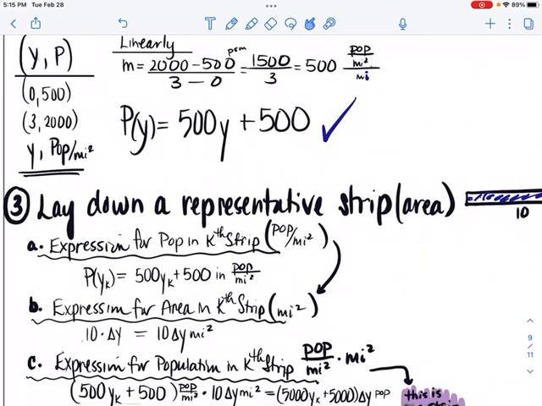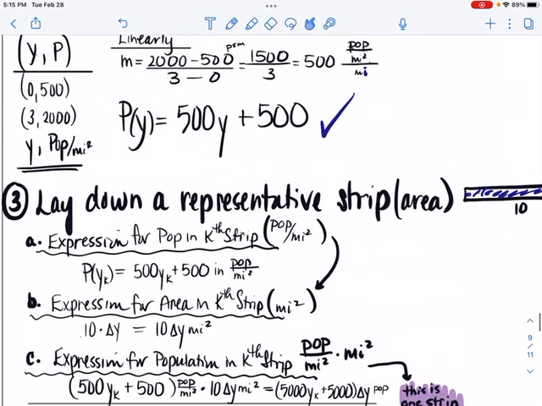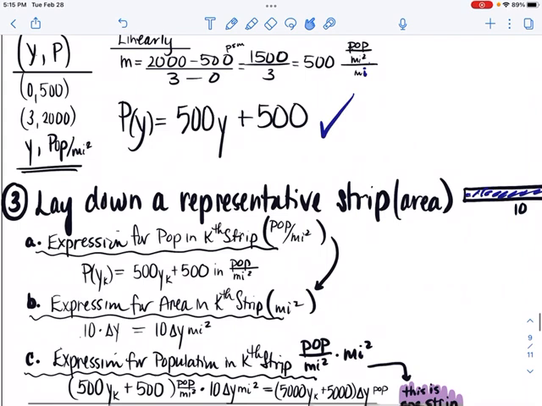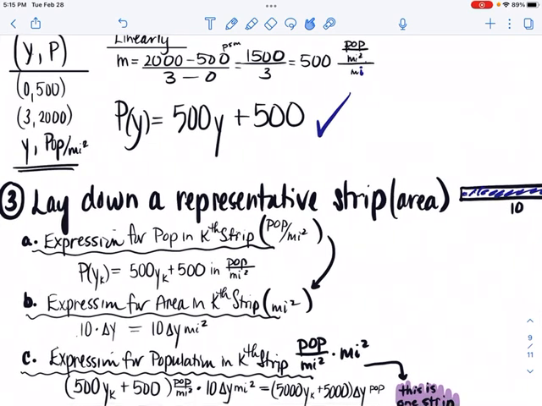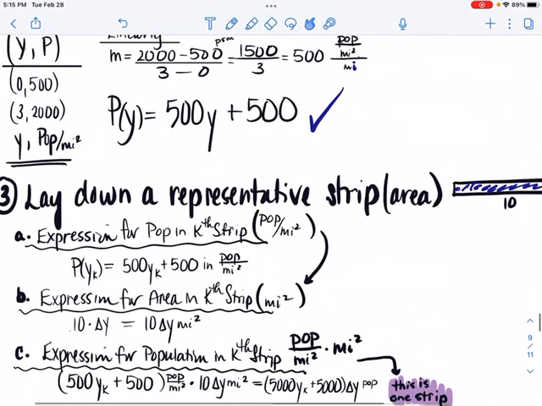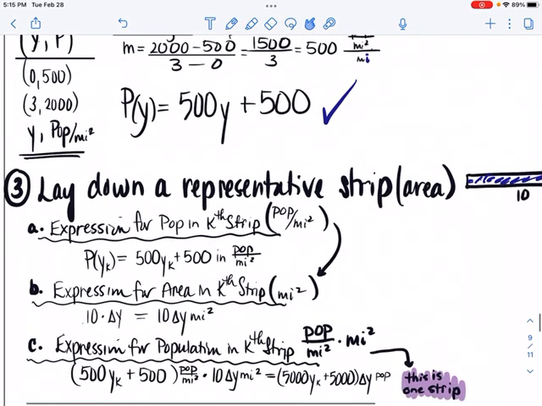I have the area, but I just need the population itself. The population per square mile was the p of y linear relationship. Then I have the expression for area, and I multiply those two together, so we end up with this expression. This is the population for one strip. The units are population, the square miles cancel, and we end up with just population.